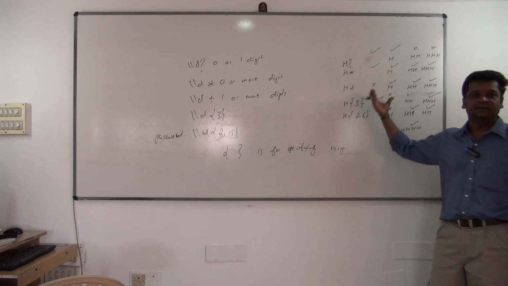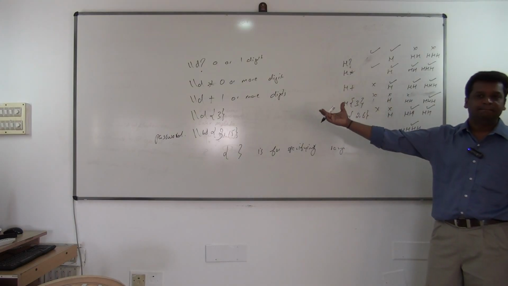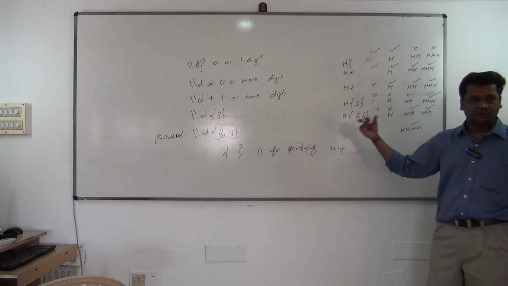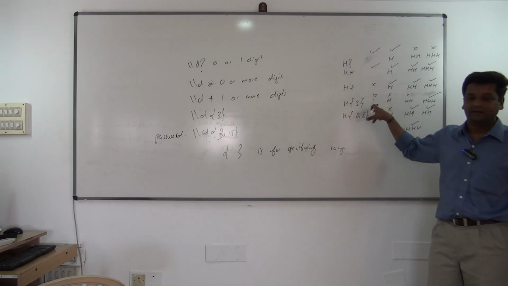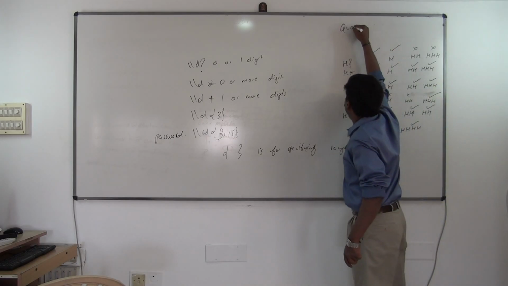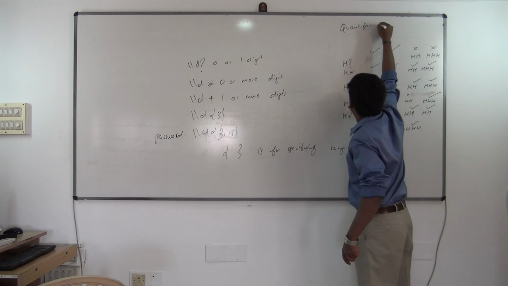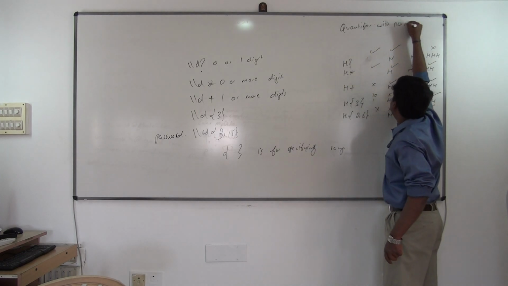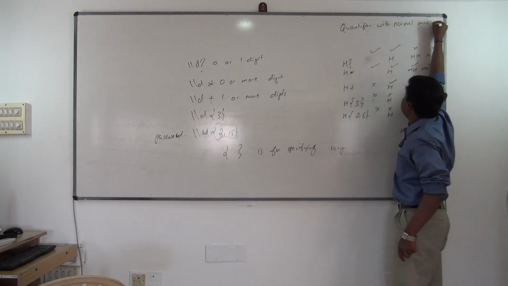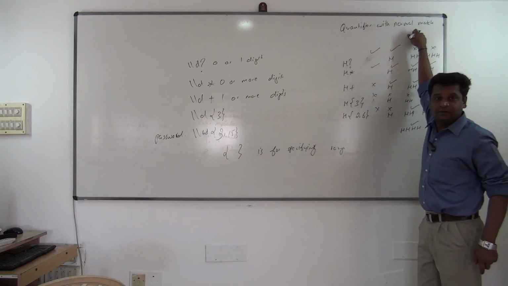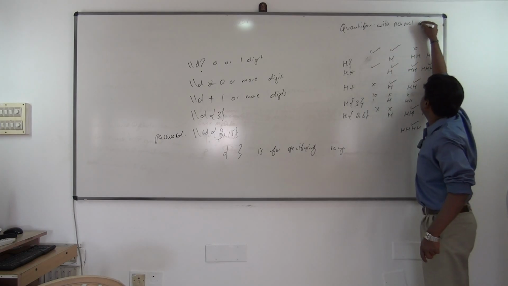Clear with this? I compared one with hard-coded and one with meta characters. Here is an example of a quantifier with a normal character, an exact match: H means only H. Normal character.